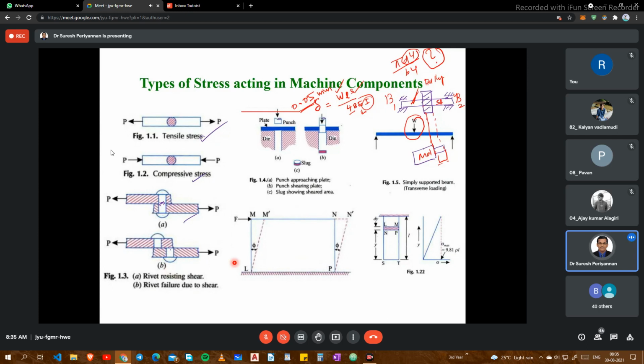Now see here, in the third one, the thin plate is subjected to shearing force while the punch is operating on the thin sheet. We use a lot of washers in engineering, especially in mechanical engineering applications.